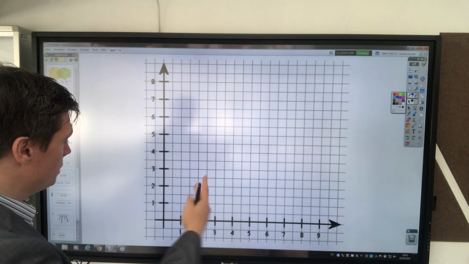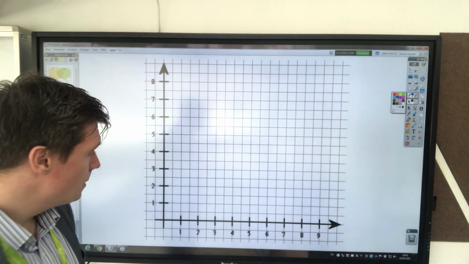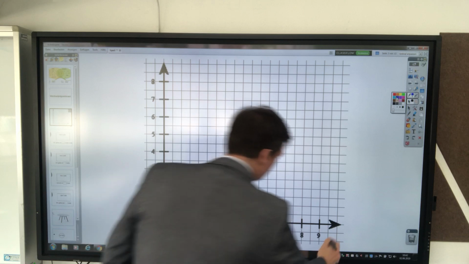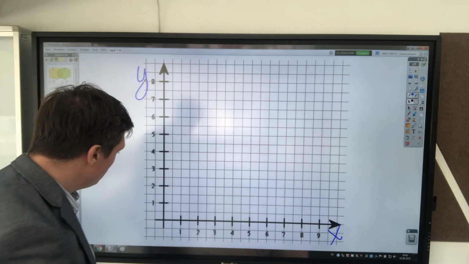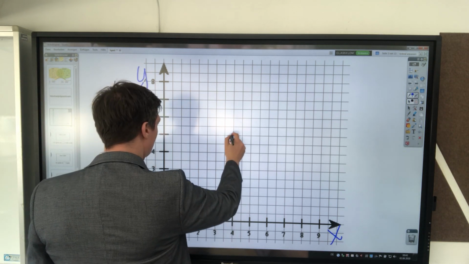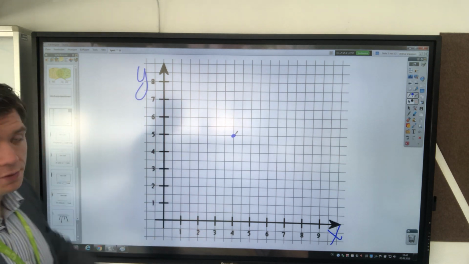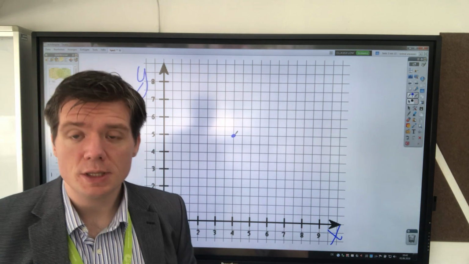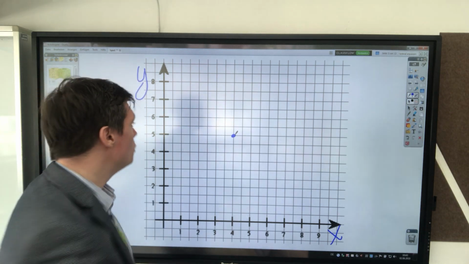So you have all this, auf Deutsch, das heißt Koordinatensystem auf Deutsch. Also du hast eine X und du hast eine Y-Achse. Und zum Beispiel hast du einen Punkt hier. 4, 5. Wo ist der Punkt? Ist die Frage. Wo?